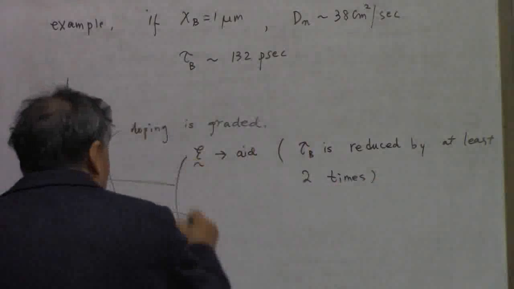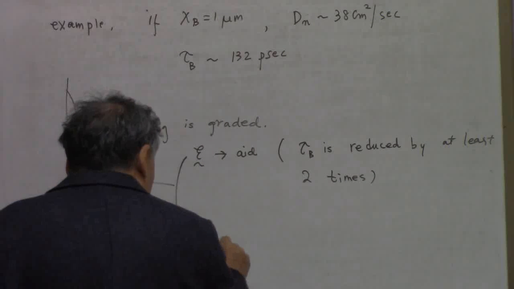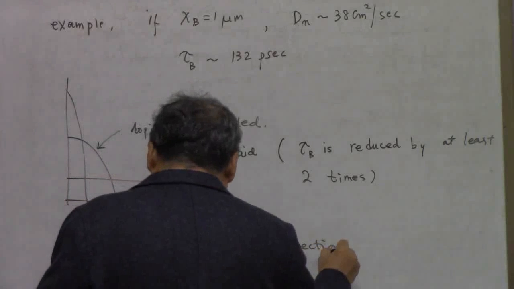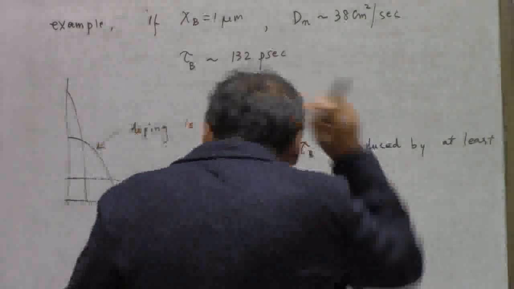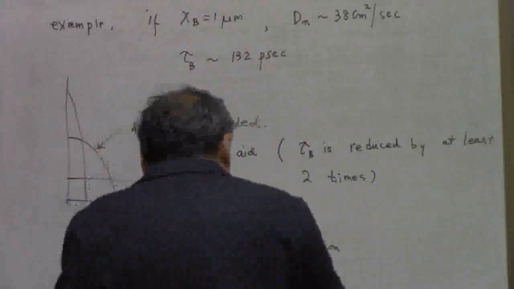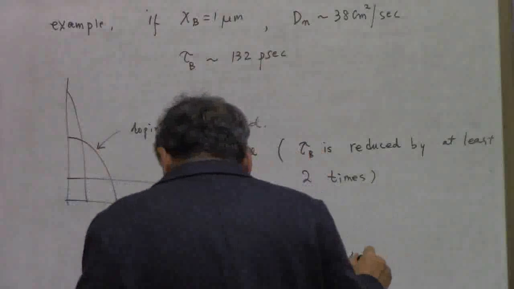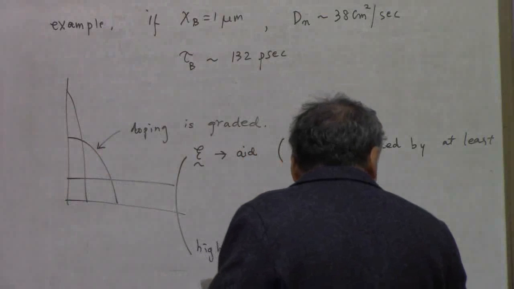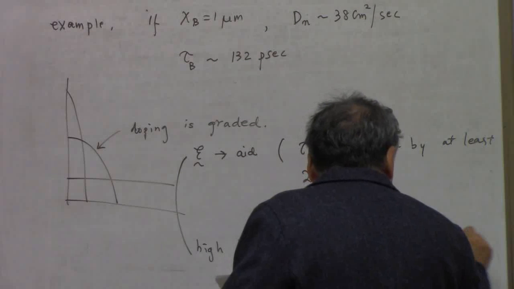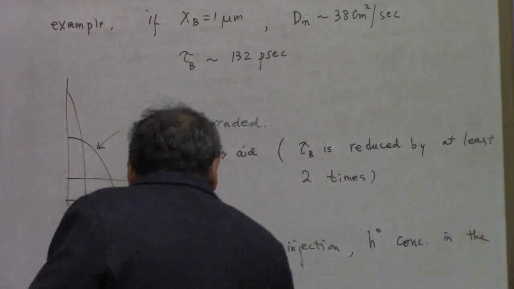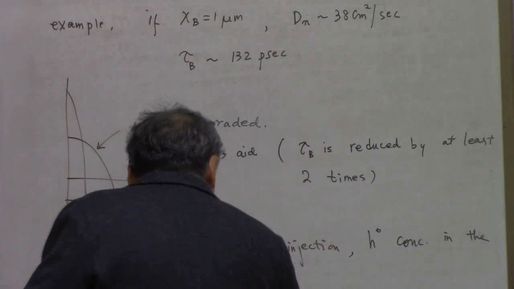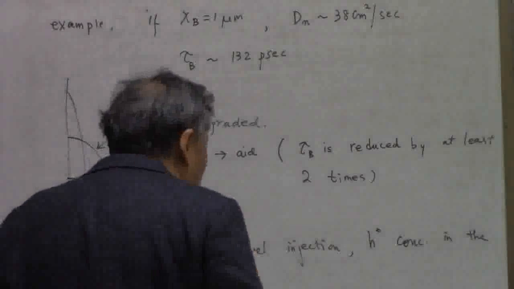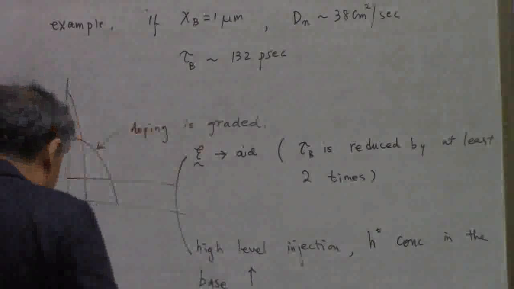And if you have high level injection, then the hole concentration in the base will increase to maintain charge neutrality in the base, right?